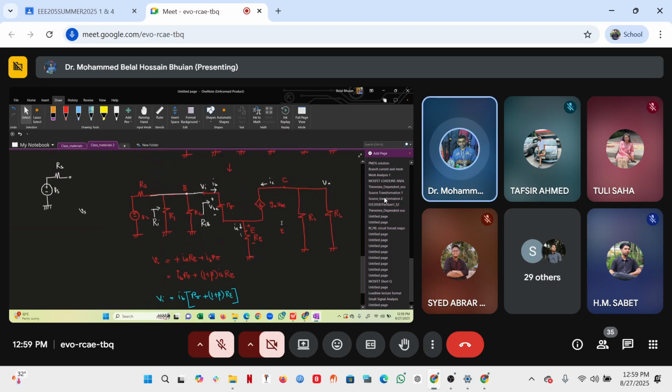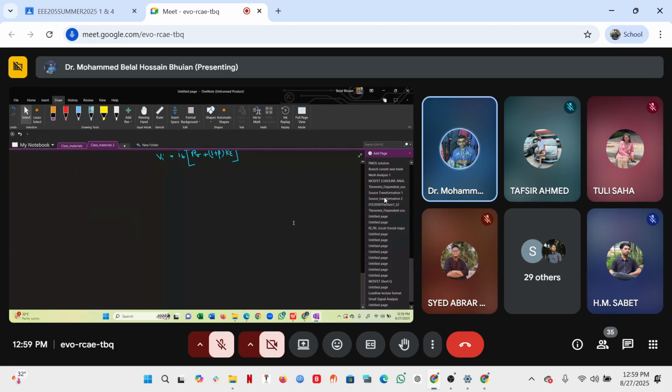Okay, now I'm going to determine the equivalent resistance, or the input impedance, looking into the base. Let me explain the concept of input impedance. Let's get back to our DC circuit, as if we are in our 101 course. Let's say we have a circuit like this.